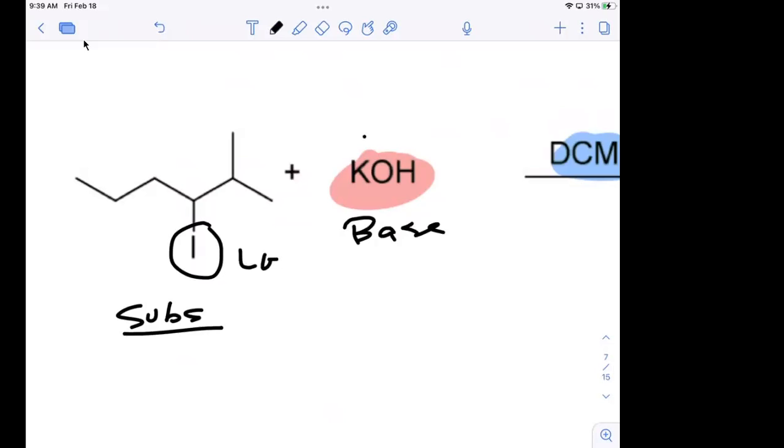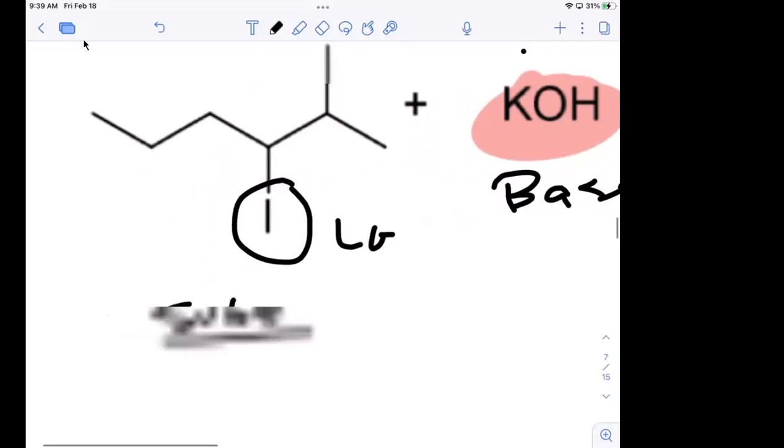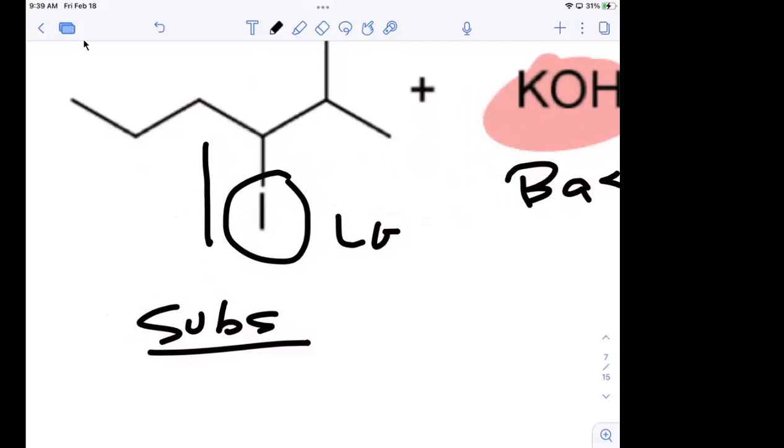But there's another thing that I'm looking for too, and it's the polarity of the bond. Remember, the leaving group is always going to be your most polarized bond in that molecule. So that carbon-iodine bond is polarized towards iodine, right? None of the other bonds are polarized like that. So that's a good indicator as to which atom in that molecule is my leaving group. So this is my substrate, that's my leaving group.